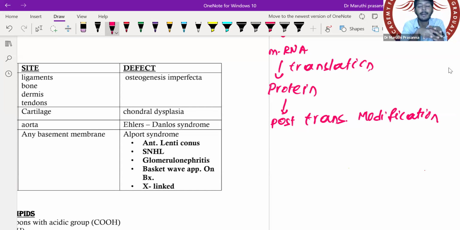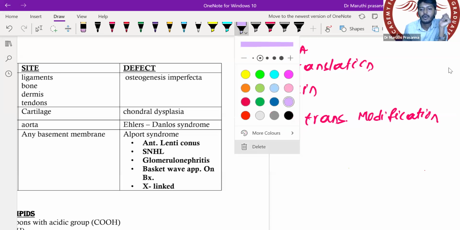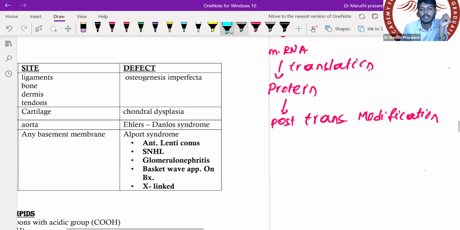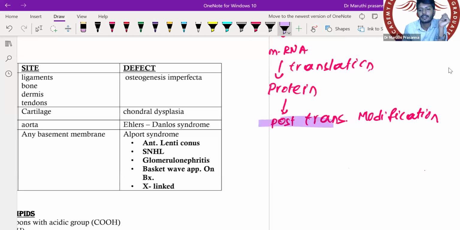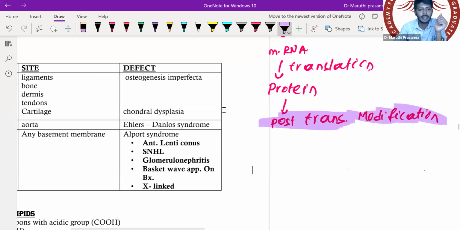Maybe we add some group to some amino acid, or maybe we fold the protein, or alter some structure in the protein. All the changes which occur after the translation, we call post-translational modification.